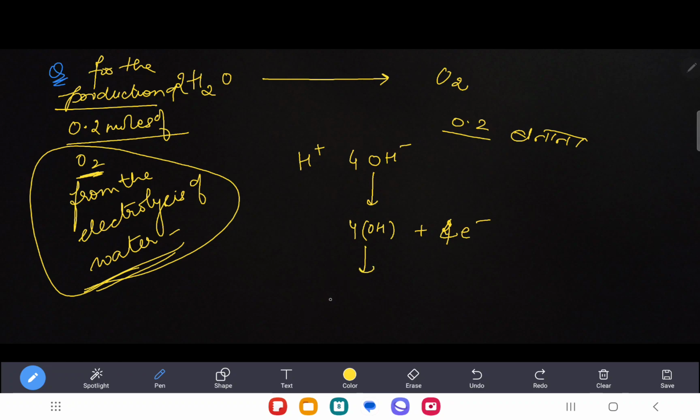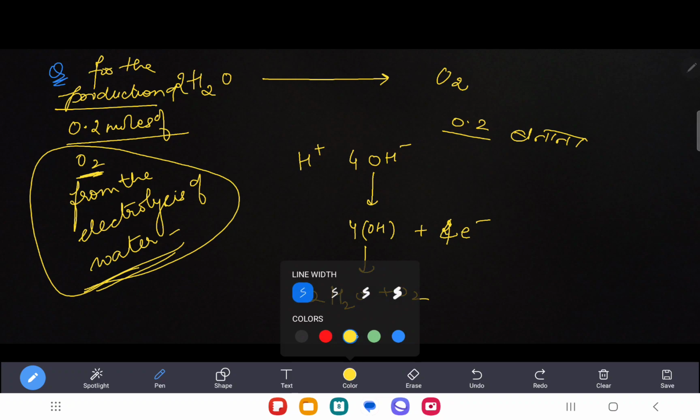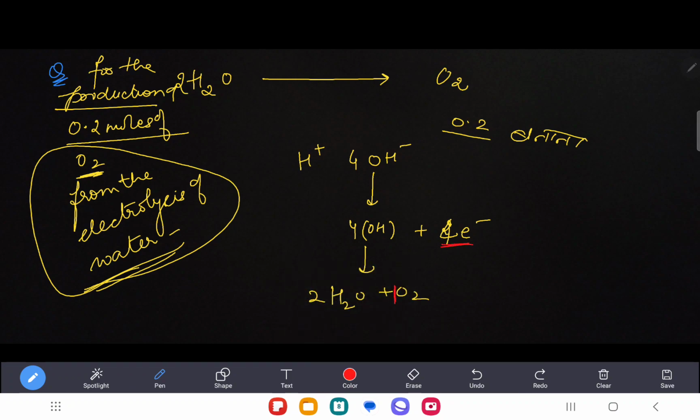This further neutralizes itself to H2O and O2. So basically to produce 1 mole of O2 I need 4 Faraday charge according to this particular equation. So 4 Faraday converts to 1 mole O2.